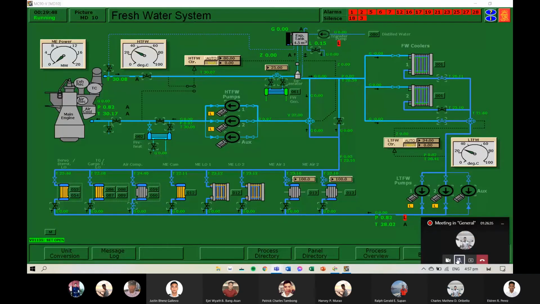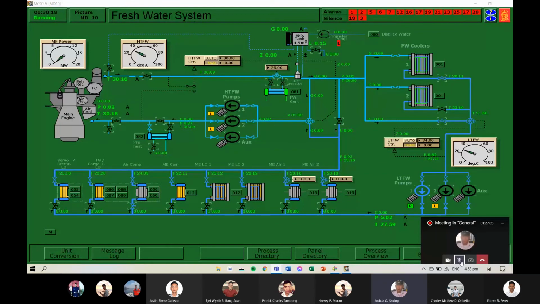Done. Chief Engineer Perez, sir, start low temperature freshwater pump number 1, then switch to remote. And now, the last step. Here is Midshipman Saulog to discuss the last part of the procedures.